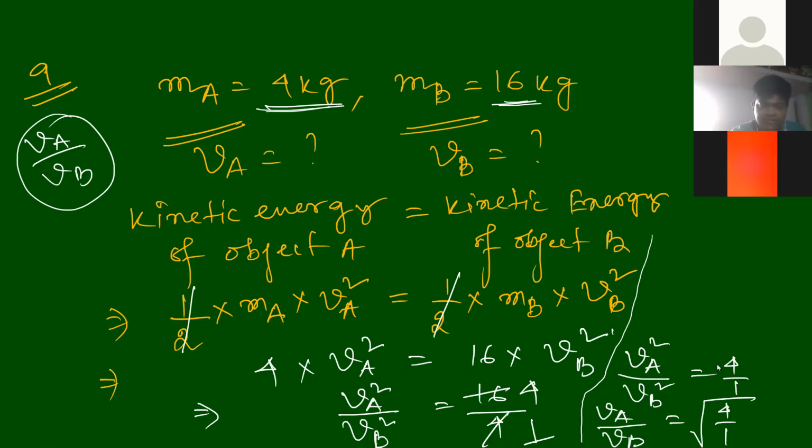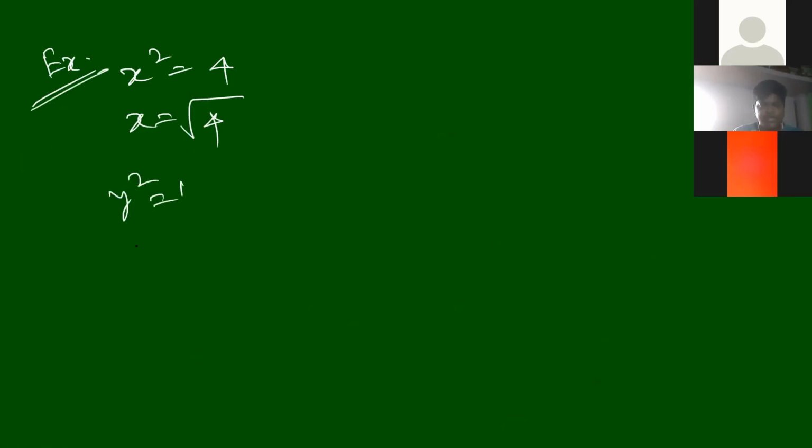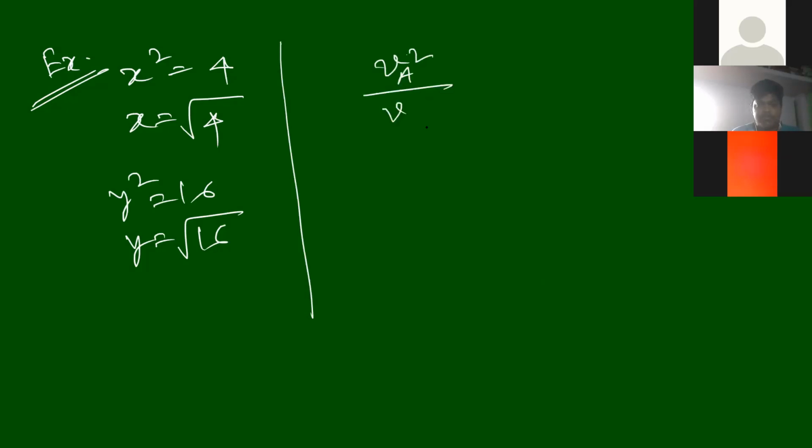Why am I saying that? Because if we know x square equals 4, x equals root over 4. This is an example. Suppose y square equals 16, y equals root over 16. That thing you know very well. Now coming back to the concept, V of A square upon V of B square equals 4 by 1.